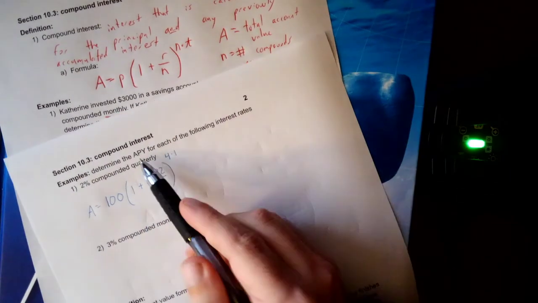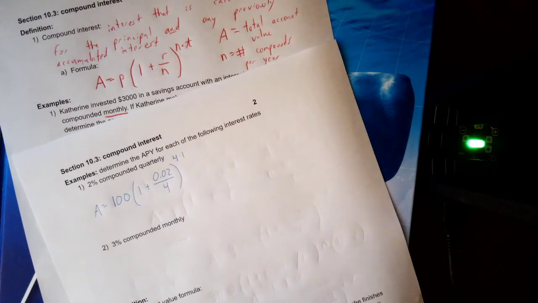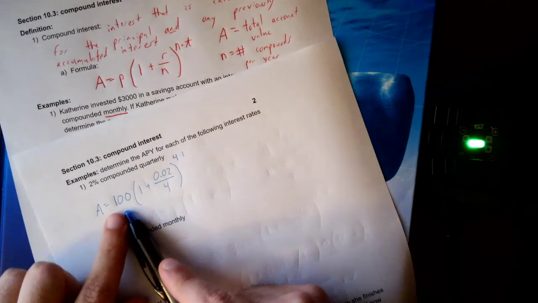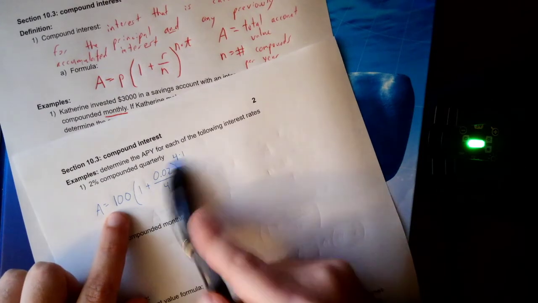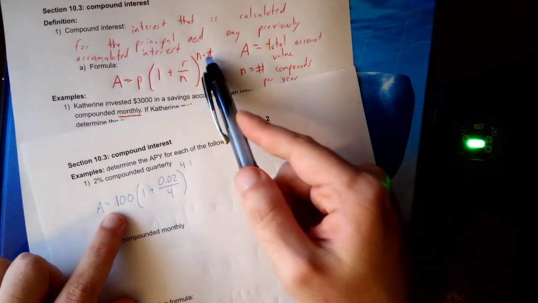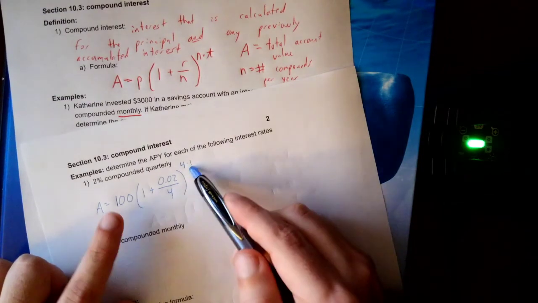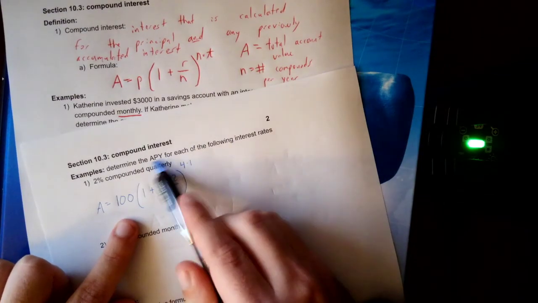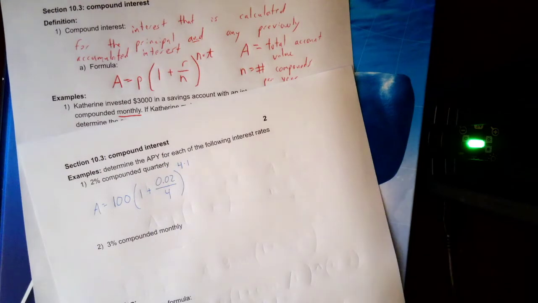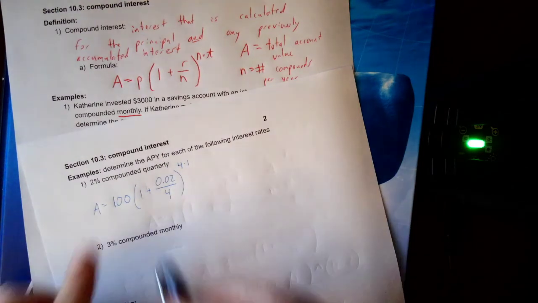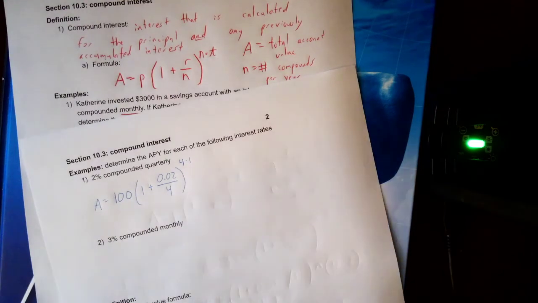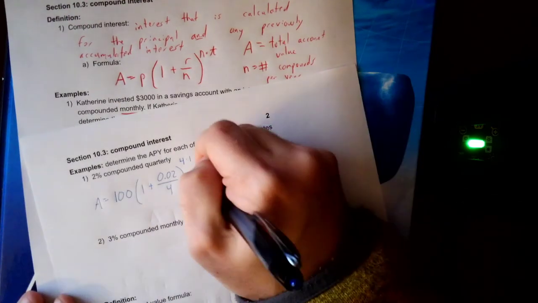We're looking at the annual percentage yield. So in a single year, how much interest is accrued? Notice we were a little clever. We worked the problem the same way, R, N, N, and T, but we manipulated T to be 1 year, because it's the annual percentage yield, right? It's a single year. And we manipulated the principal to be in terms of 100, because we want a percentage.